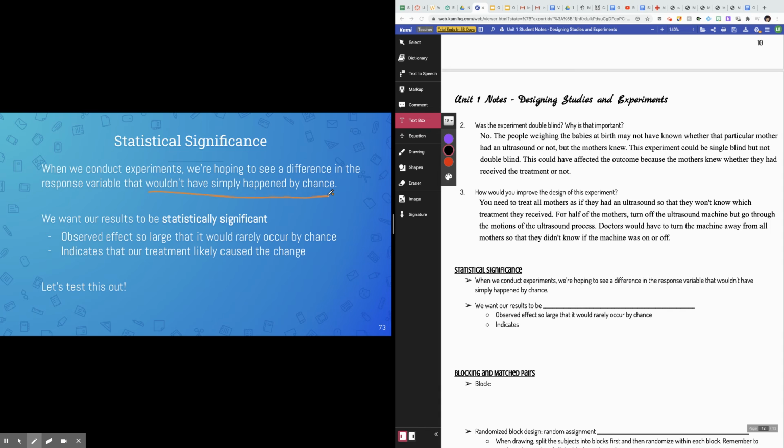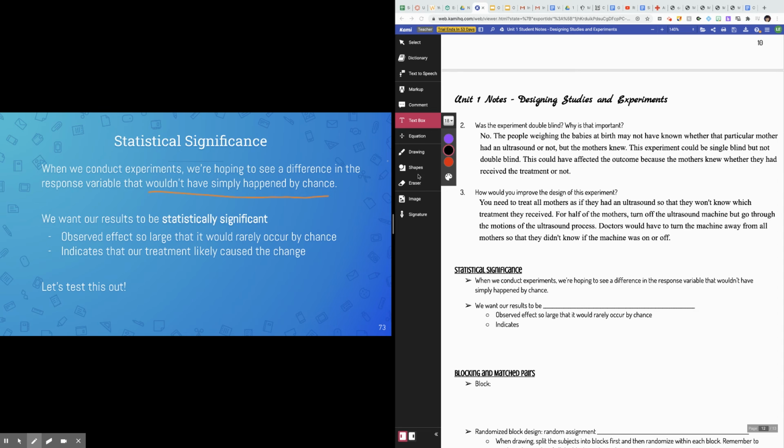If you have those four principles of experimental design, then if there is a difference, it is likely that that difference didn't happen just by chance, because of the natural variation of the universe, but actually happened because of the treatment that you imposed.